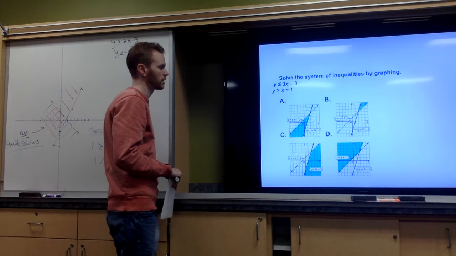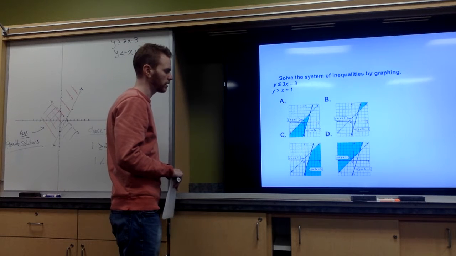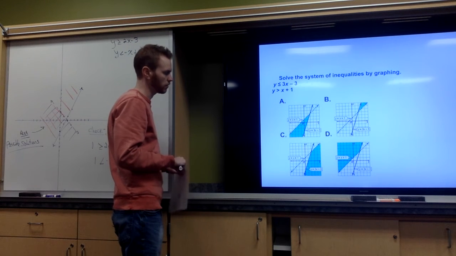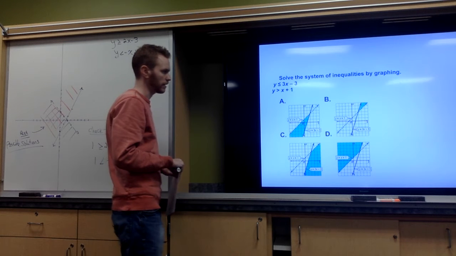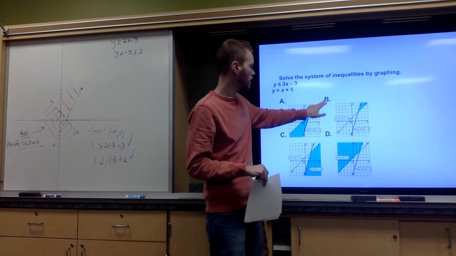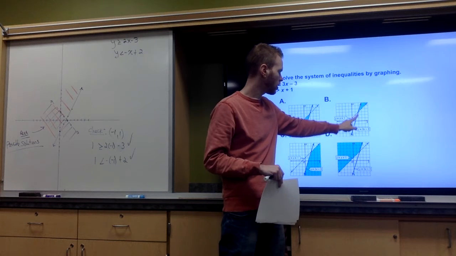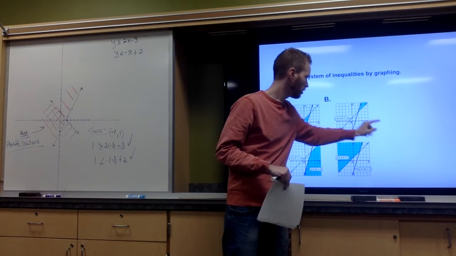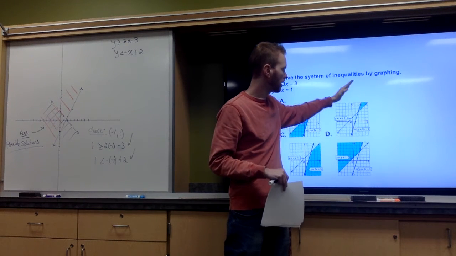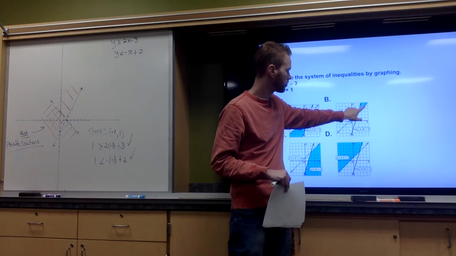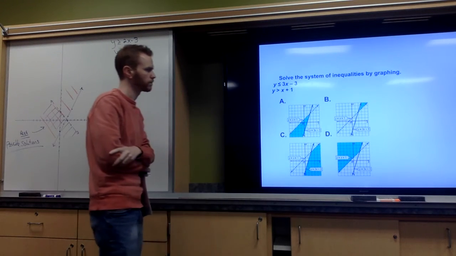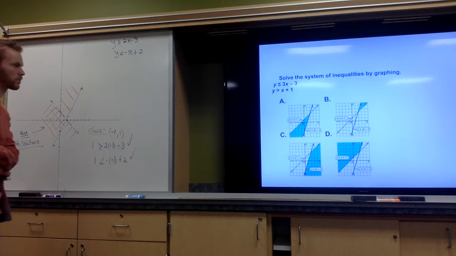So I think there's only one possible thing that works for it. And I think it's going to be B, right? If you look at this, the solid line, you're going to shade below it. The dotted line, you're going to shade above it. So this little corner piece is going to be my solution for that guy. So B would be the correct answer for this.